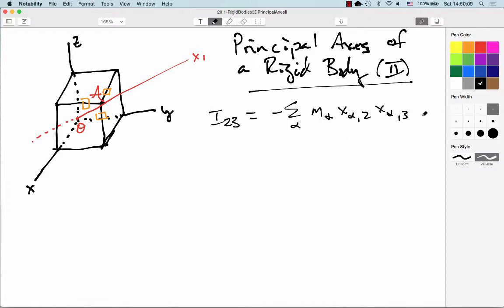It will always work out that this sum will add up to 0 for this choice of x1. So we can conclude then that I23 is equal to 0.